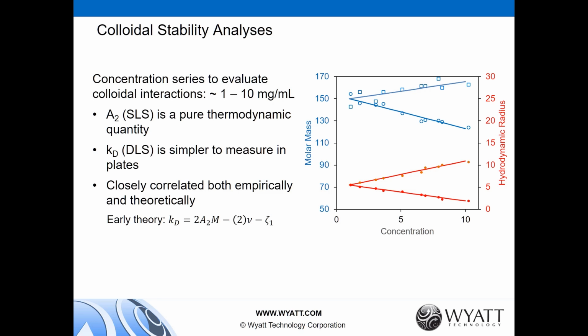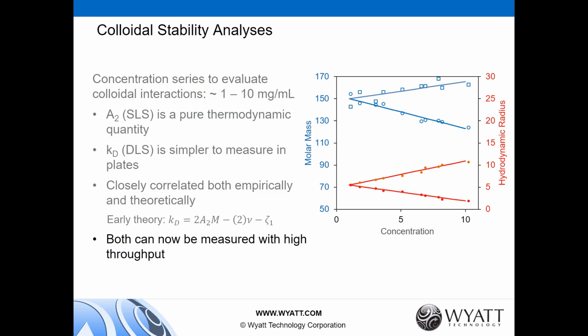Whereas KD, measured by DLS, is a little bit easier to measure. We did it in the previous version of the plate reader, but it's not quite as pure. It does incorporate certain hydrodynamic quantities as well as the thermodynamic interactions. A2 and KD are closely correlated, and that's why in the past it's been good enough to measure just KD.